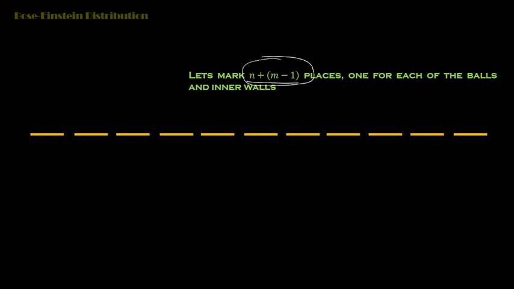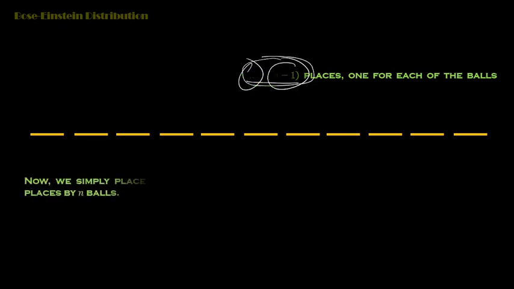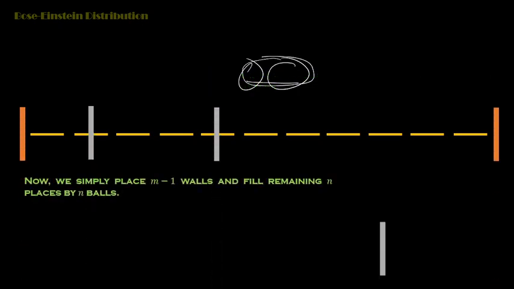Out of these many places we put walls at m minus 1 places. Any m minus 1 places we put walls there and in the remaining n places we put balls. We already have two walls at the ends.